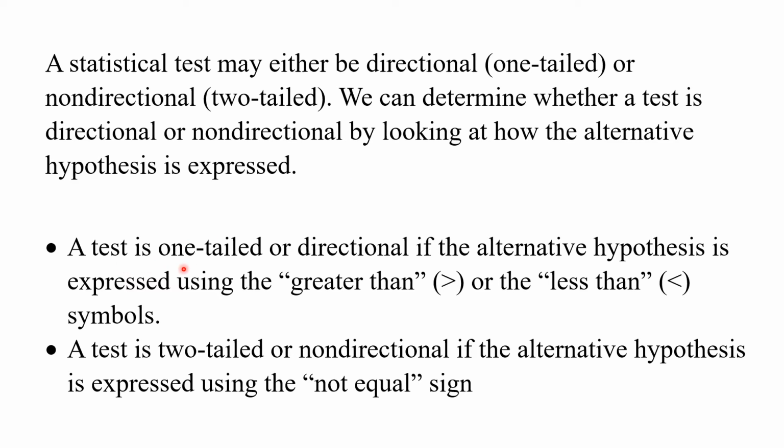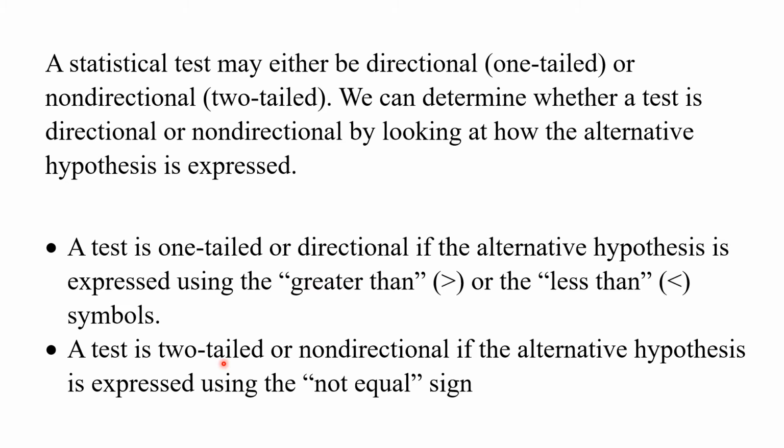Okay, so a test is one-tailed or directional if the alternative hypothesis is expressed using the greater than or less than symbol. Okay, so kapag ang given is greater than or less than, automatic one-tailed test yung ginamit or directional test.